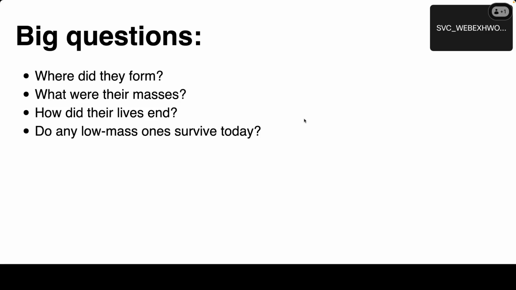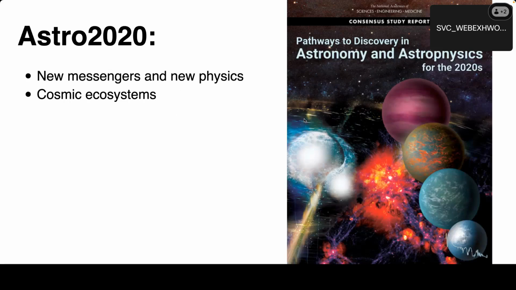Understanding the nature of the first stars is and has been one of the key points of addressing the big science questions addressed or raised by the 2020 Decadal Survey: new messengers and new physics, cosmic ecosystems.